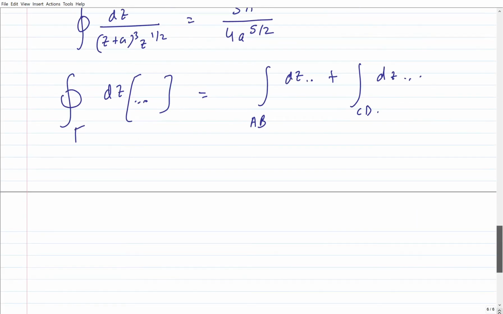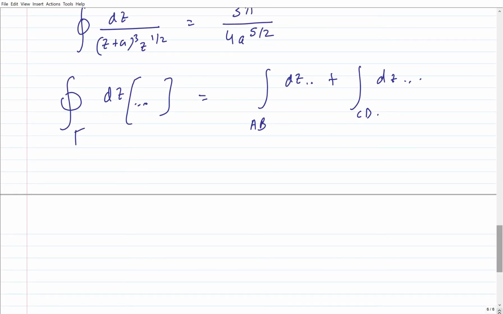which gives me, evaluating this side, since I can express z in terms of x.